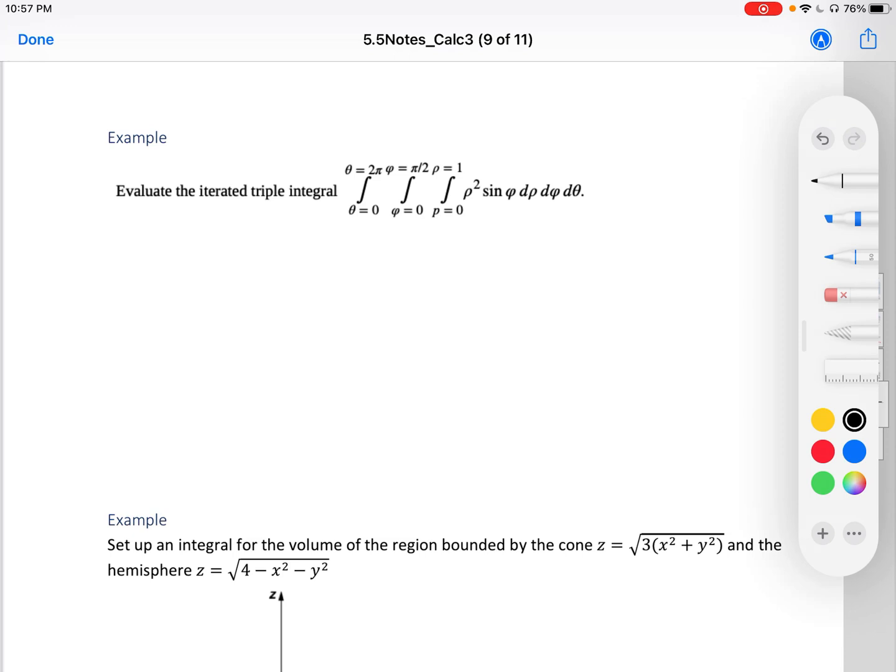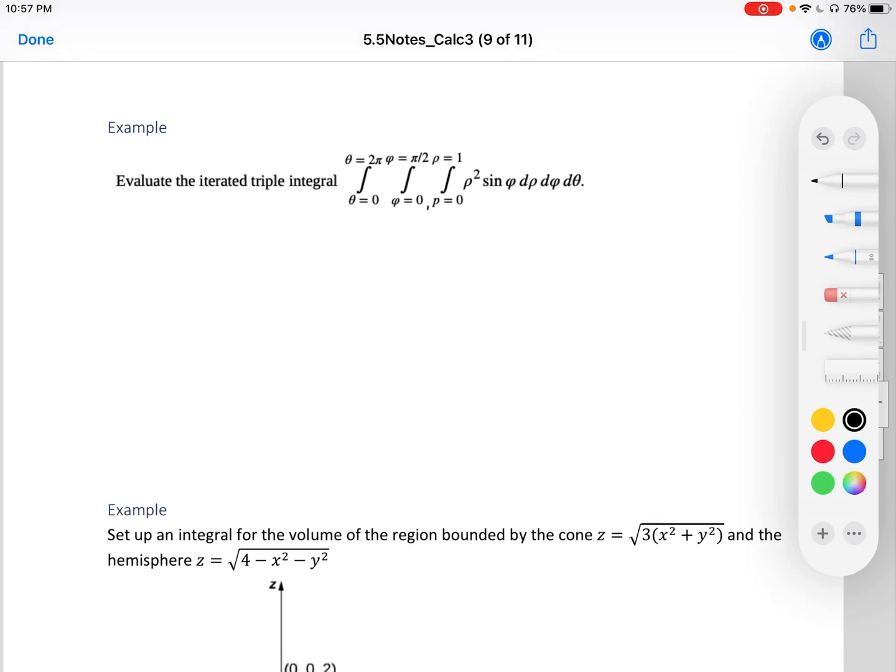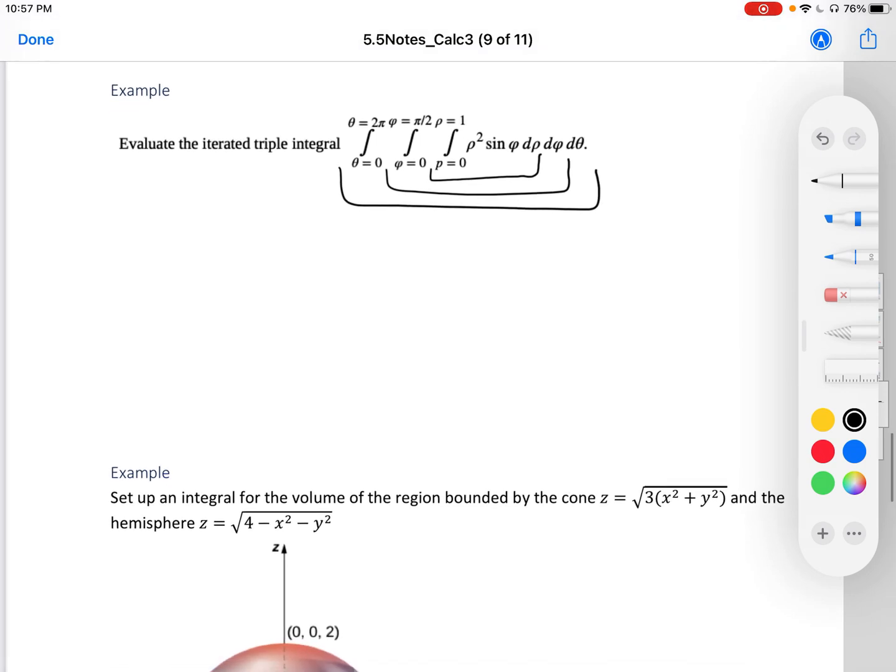Don't let the notation fool you, it's just as before. You have your rho, your phi, and your theta. You can go ahead and try to integrate that one on your own. You should get an answer of 2 pi over 3.